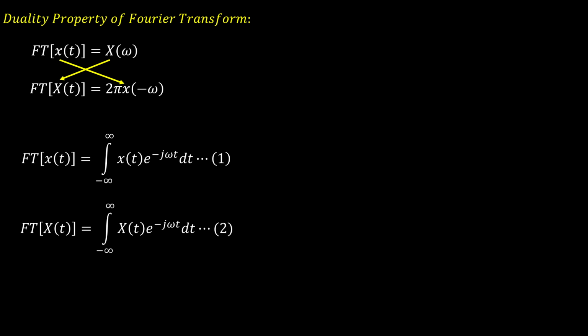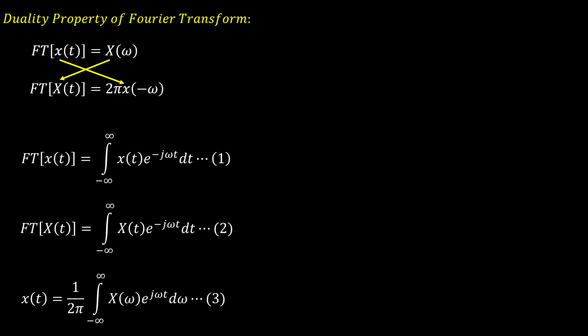Now, the inverse Fourier transform of capital X of omega is small x of t, and it is given by 1 over 2 pi integration of capital X of omega into e raised to the power j omega t with respect to omega, where omega is changing from minus infinity to plus infinity.